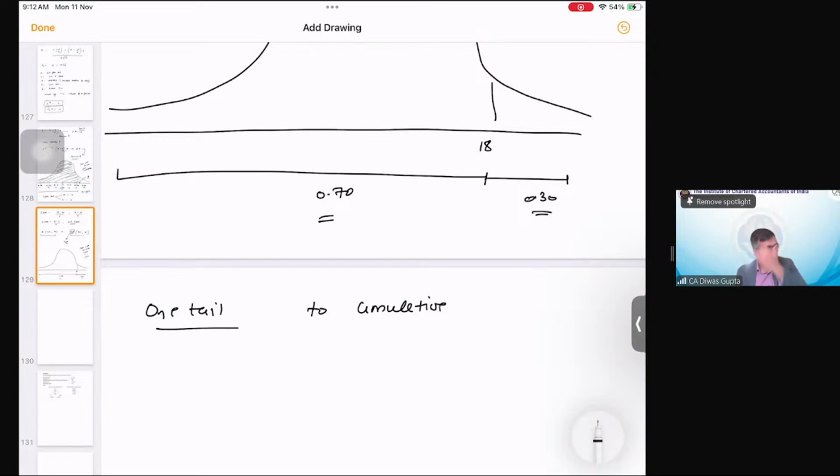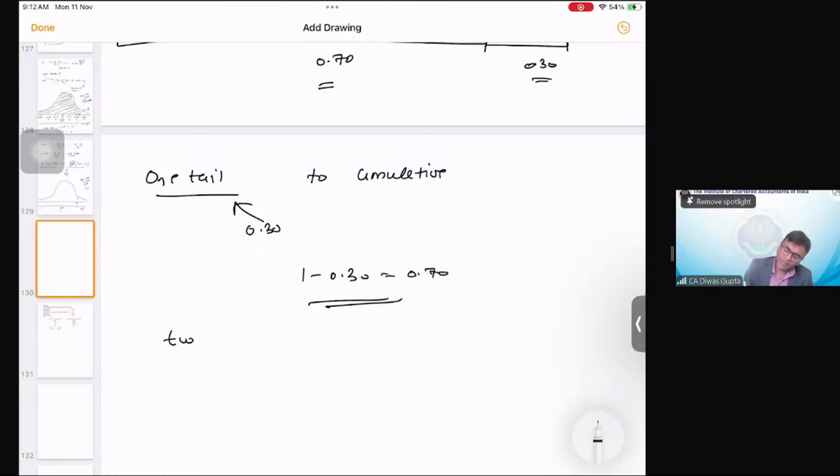So one tail means that only towards the right, what is the number? So this we can convert, right? If 0.30 is one tail, then cumulative will become 0.70, as I just explained above. Correct? Clear?